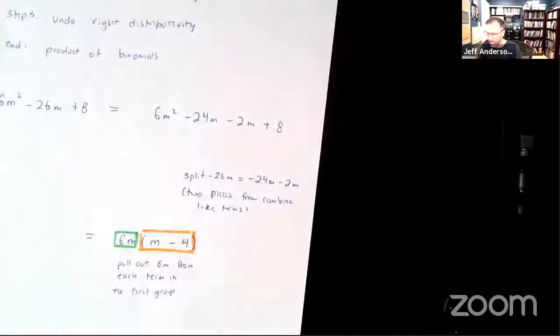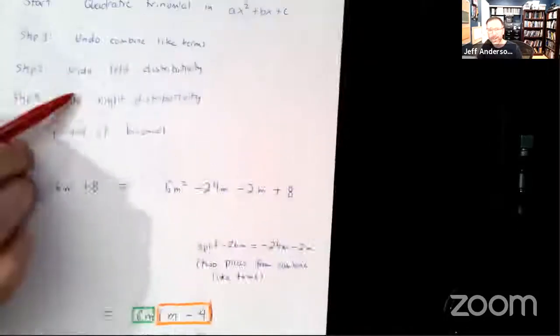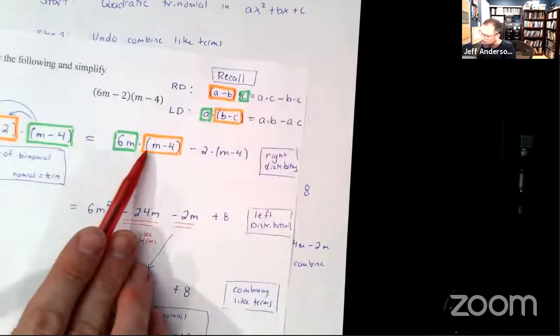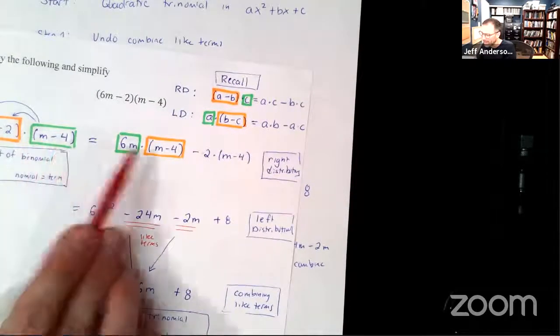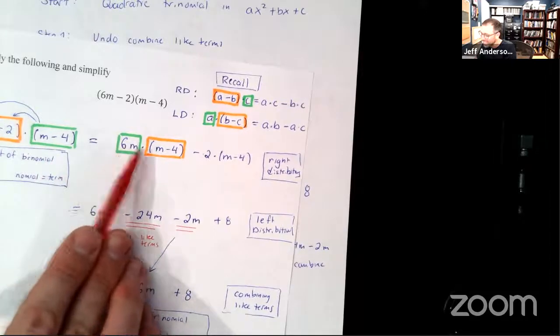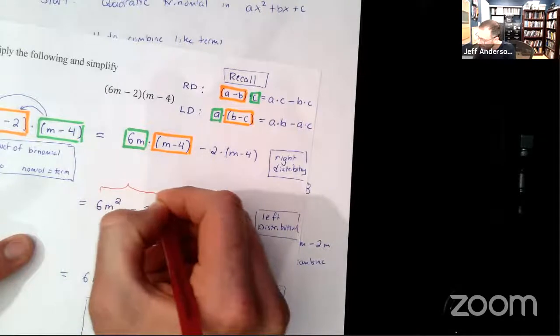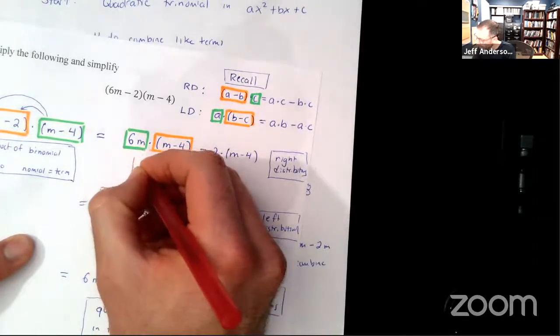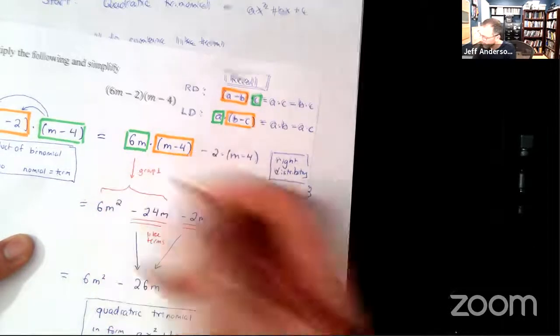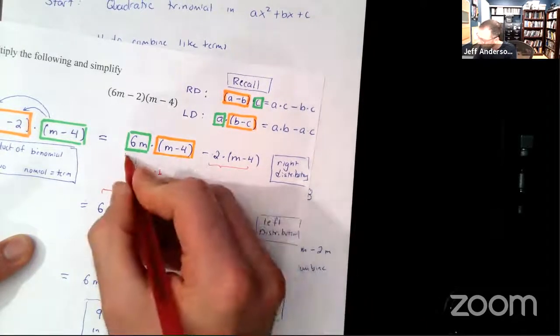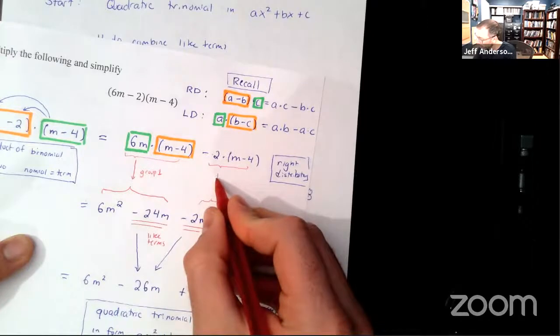Well, remember, we're trying to undo this process, and we were undoing left distributivity because of the way that we passed out that m minus 4. When we did 6m times that, we had a group of two terms. So this thing right here, we might call group 1. And could you guess what we call this then? We might call that group 2, right?